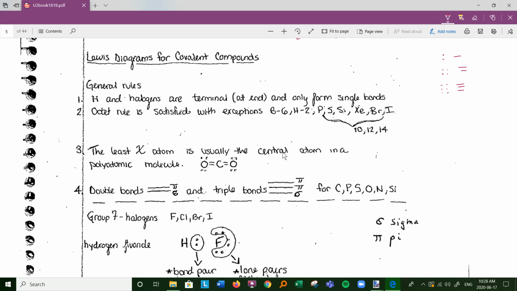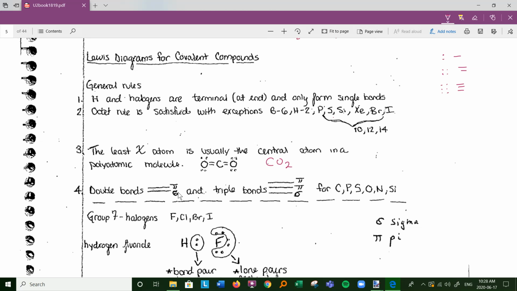So in carbon dioxide, carbon is in the center, oxygen at either side, and what I've drawn here is the Lewis diagram for CO2. But when I just write it like CO2, you might say, oh, the oxygen has to be in the middle because that's like COO. But no, that's not the case. I'm just writing the molecular formula of the carbon and then oxygen and oxygen. But in the Lewis diagram, I got carbon in the center and then oxygen on either side.